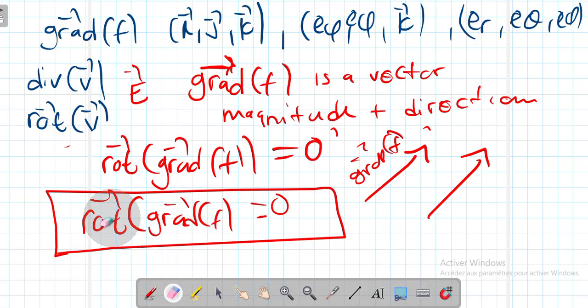My job is to make you understand these equations, because even when you start your school, they're not going to explain them to you. I was never explained what rotation is, even just told that it's a vector. For us to have a rotation of something, a vector has to be rotating.